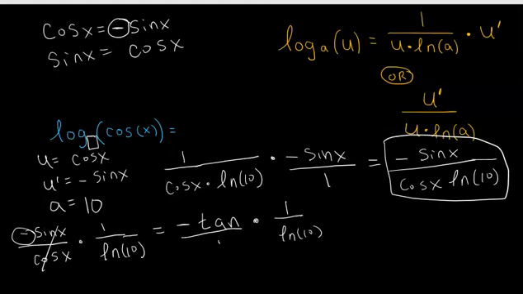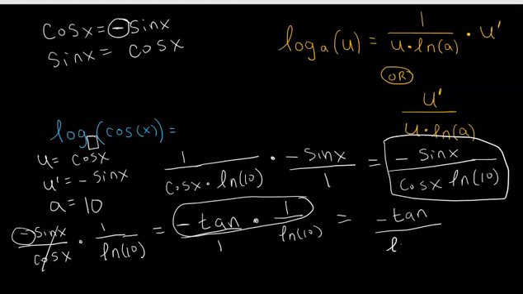We put that invisible 1 in the bottom, and now we just combine these, so I have negative tan x over ln 10. Perfect. So I'm going to put a box around this. This is the answer, but the previous form can also be the answer. Both are correct.